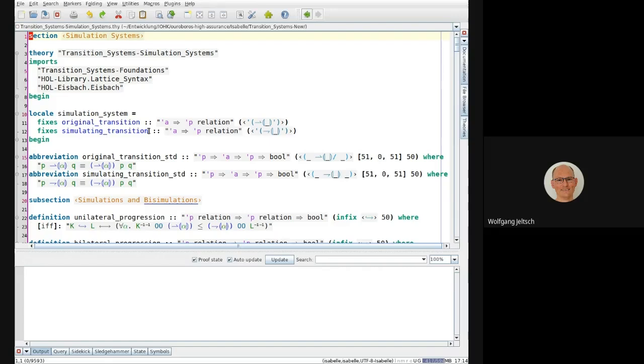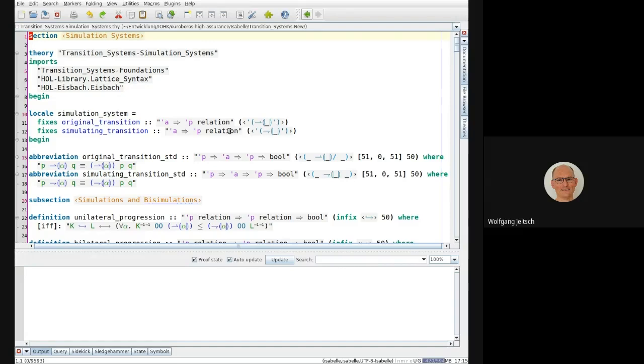And the interesting thing is that all what you have seen here, including all this up-to stuff, this generic part at least, works out for any pair of original and simulating transition that just has the same type, so it refers to the same type of action and the same type of processes. That's the interesting thing, that they don't have to be related in any way for this to work out.